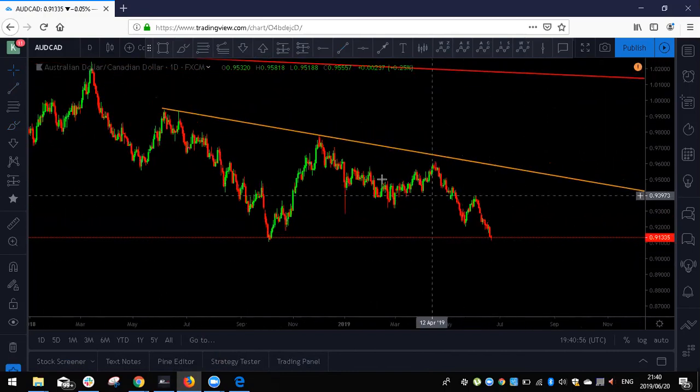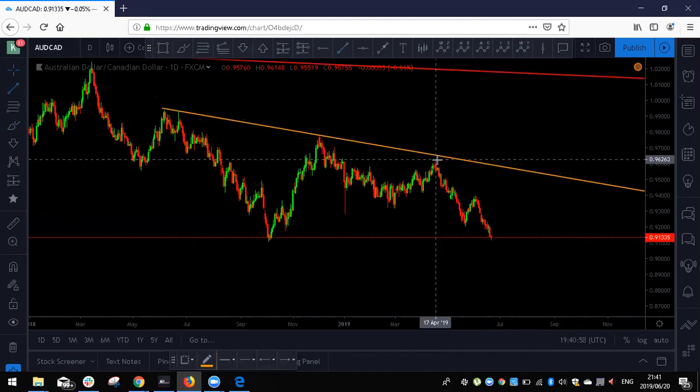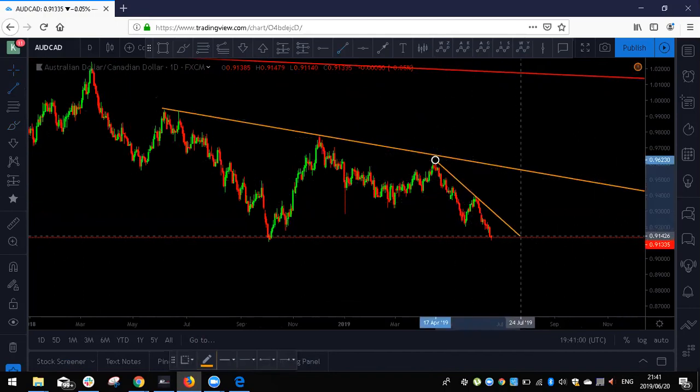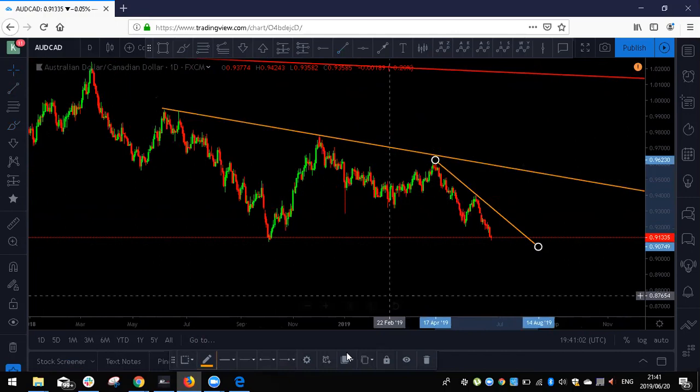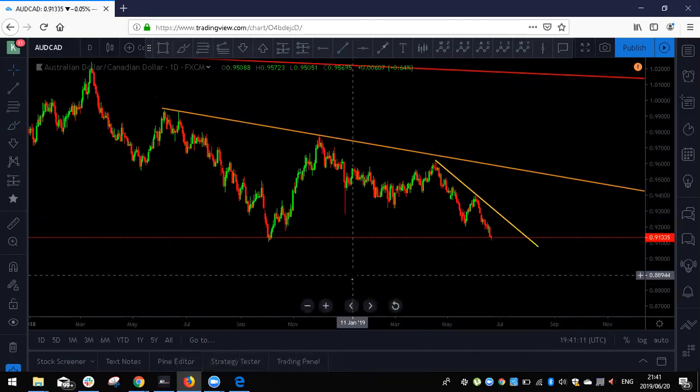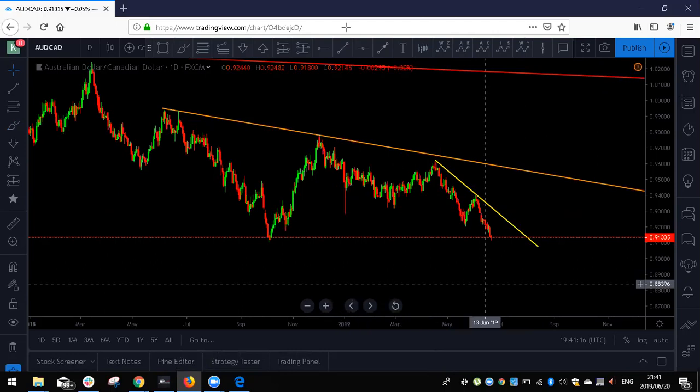Okay, on the daily, we're getting this point and this point, so we can join a line. Just quickly grab this. And then you must change the colors on the daily as well.